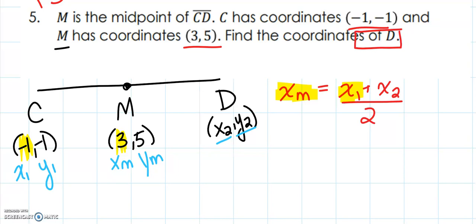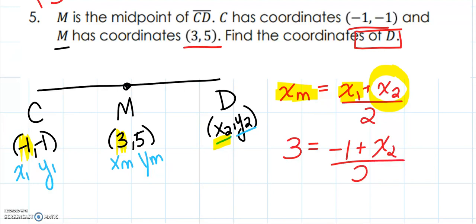What I don't have is x2. That's going to be what I'm solving for. So let me plug in what I do have, and let's use some algebra to solve. So xm, that's my midpoint coordinate, that's going to be 3. x1 is -1 plus x2, well, that's missing. So I'm just going to call that x2, all over 2.